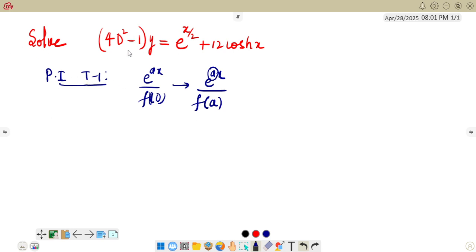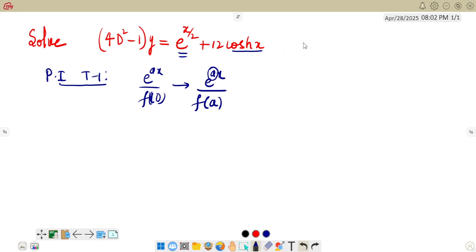Okay, let's solve this example first. Also remember that the first term on the right side contains an exponential function, but the second term is a hyperbolic function. How do we convert cos hyperbolic x in terms of exponentials? It is very simple.